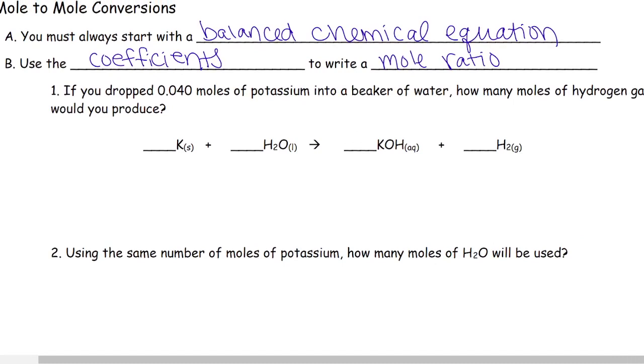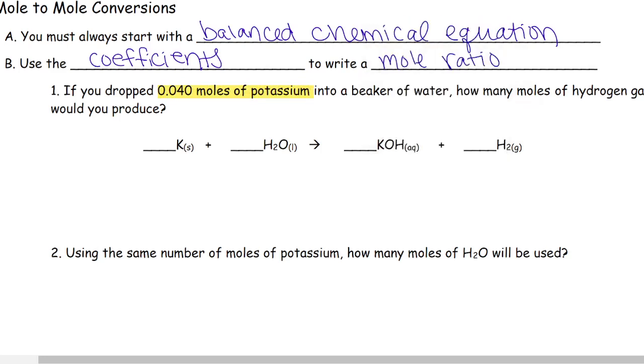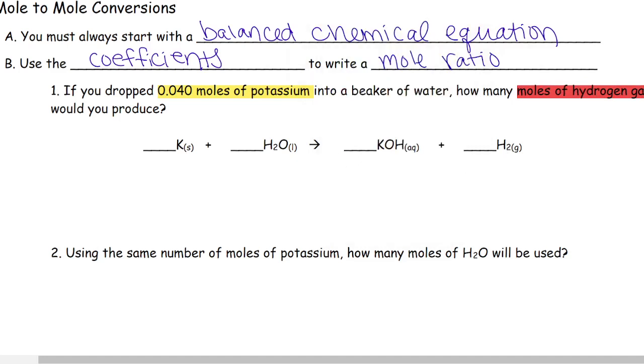So this first question says, if you dropped 0.040, I'm going to highlight that, moles of potassium into a beaker of water, how many moles of hydrogen gas, I'm going to highlight that in a different color, moles of hydrogen gas would you produce? So the stuff that I highlighted in yellow, this is what we would call our given.